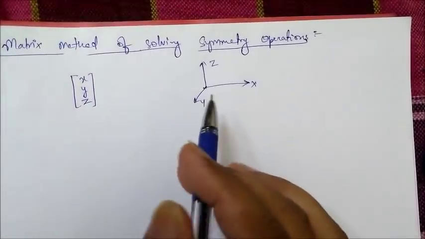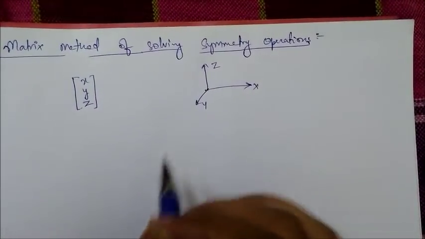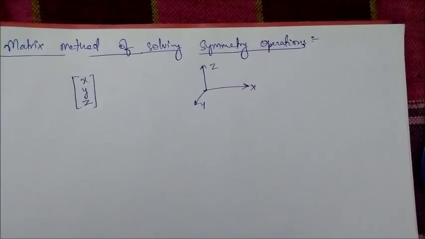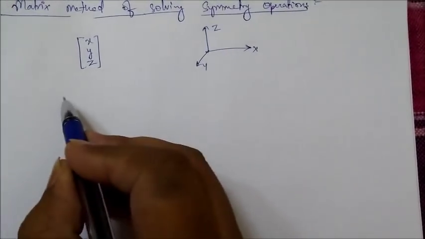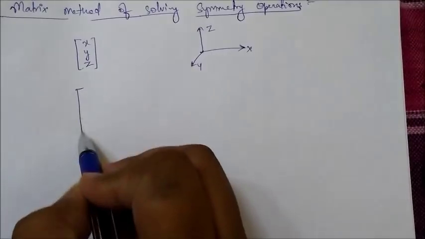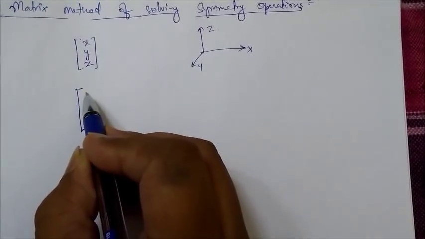I will try to explain using this axis system, and a few things you have to memorize also. The first symmetry operation, if you remember, was the identity.